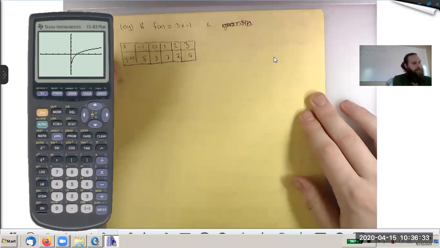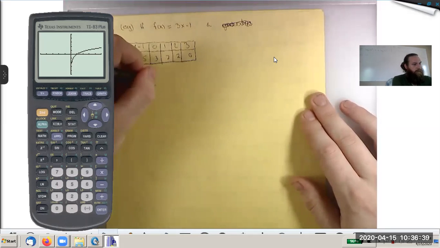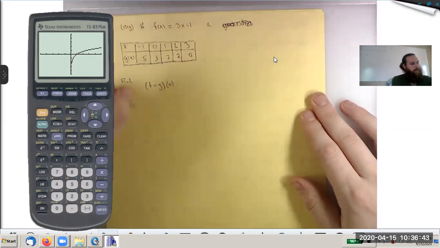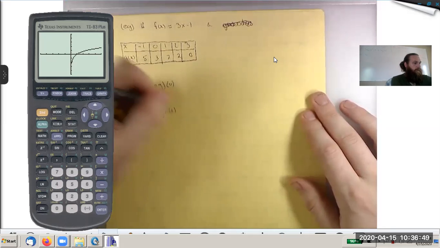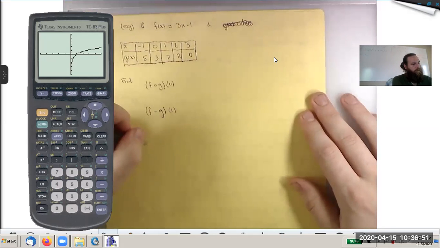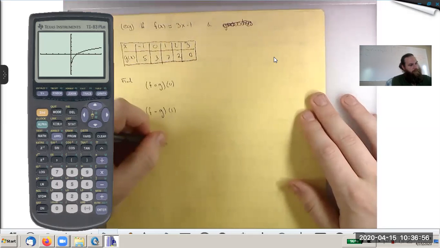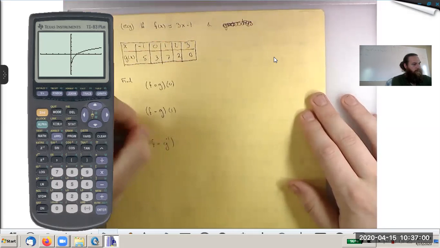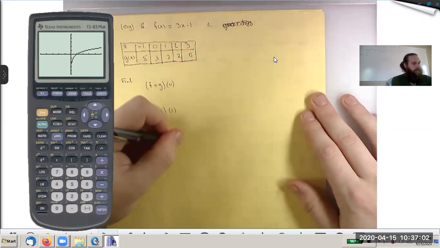But instead, let's say: f of g of 0, and f minus g of 1, and f of g inverse of 7.